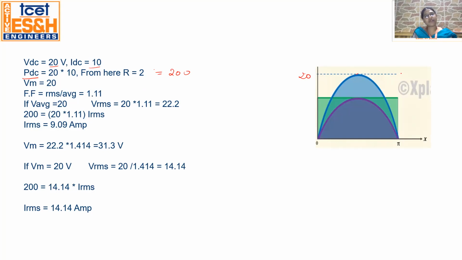So what do we have to do? We have to increase the maximum value of the waveform. Otherwise, if this is the DC and we take this AC with Vm equal to 20, it never gives the exact result as the DC gives.